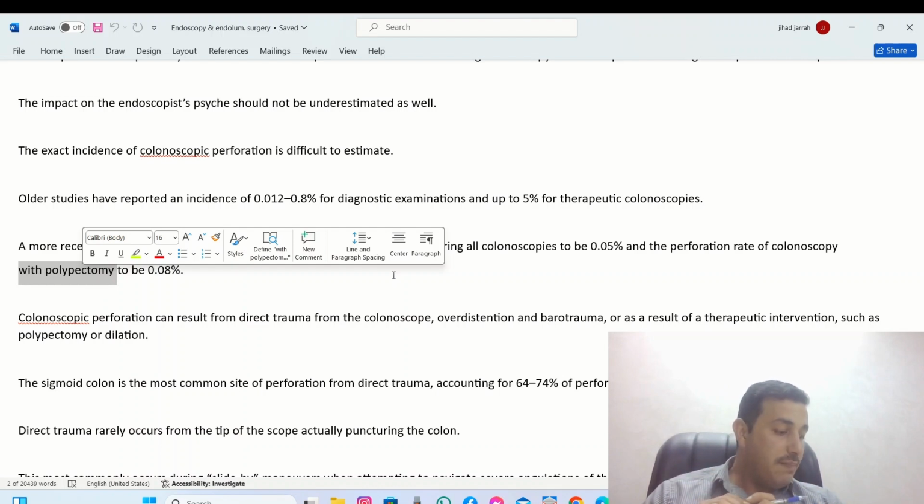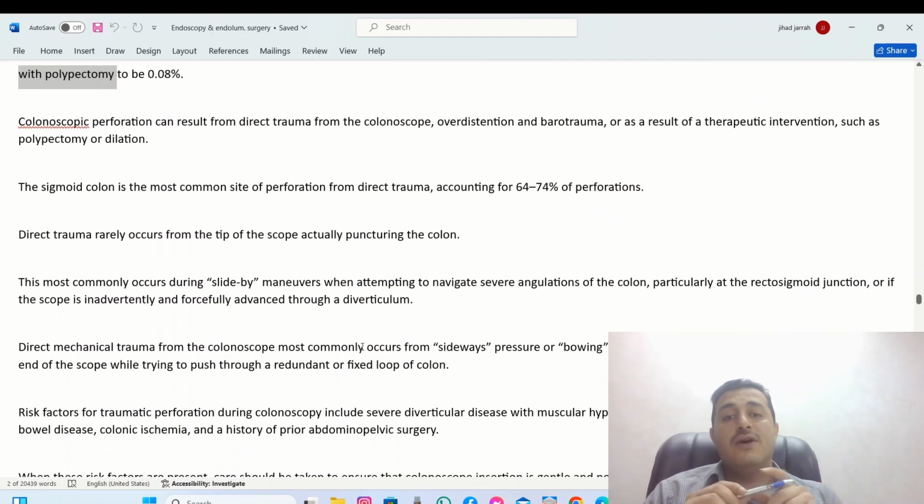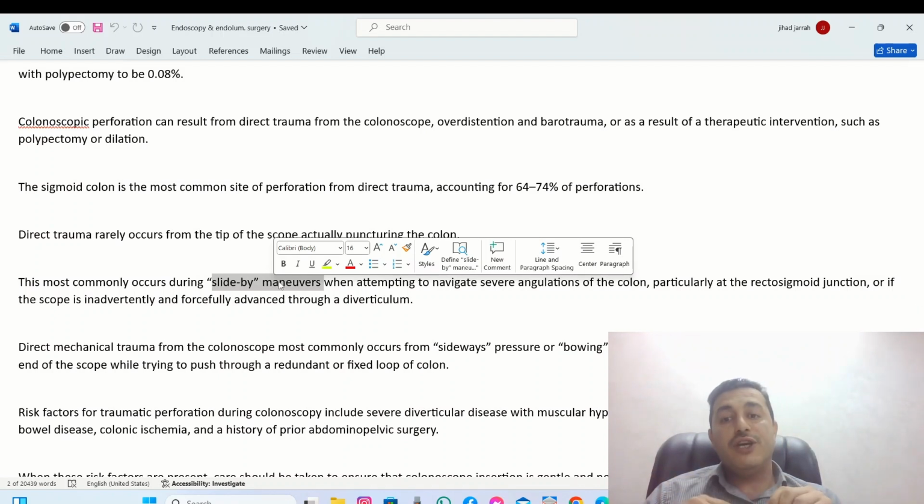If we are talking about the direct trauma, it's most common to be in the sigmoid, the rectosigmoid junction, and we know that there we use the slide-by technique, which is a big risk factor for perforation. How does perforation by direct trauma occur in the sigmoid?